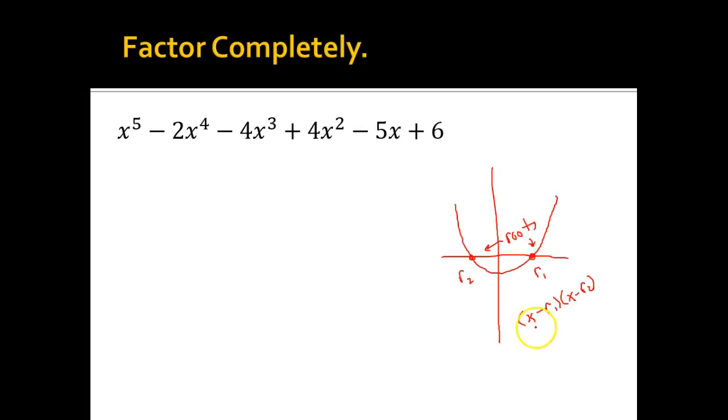When you're solving by factoring, remember you're going to take x minus whatever that number is equals 0, and so if x minus r1 equals 0, then x equals, add r1 to both sides, r1, and so that's the root, and because the factor equals 0, then x equals the root. Okay, so that's the relationship between the graph and the factors.